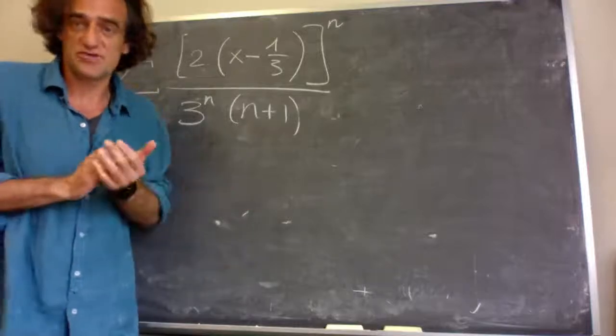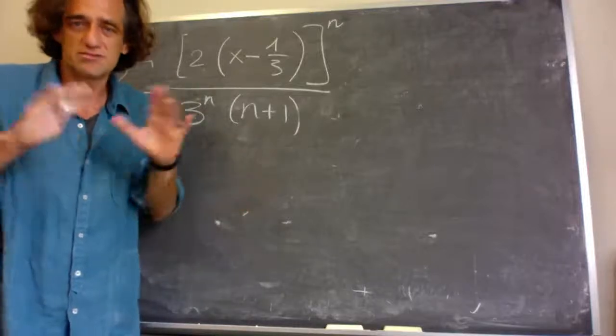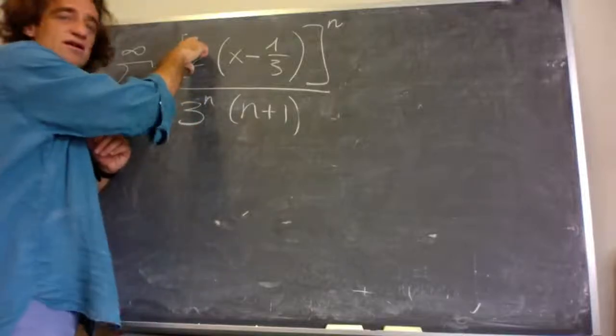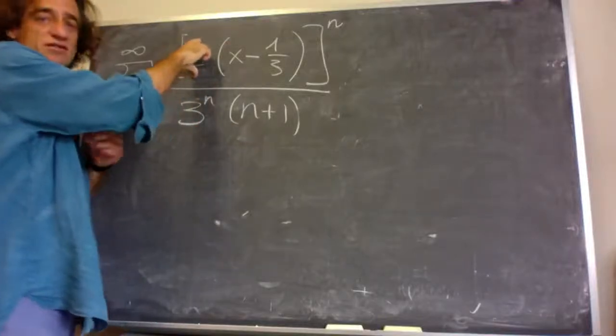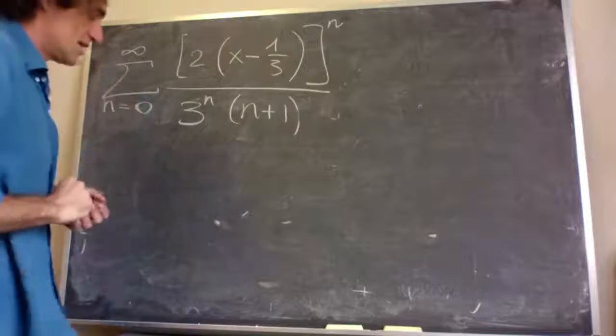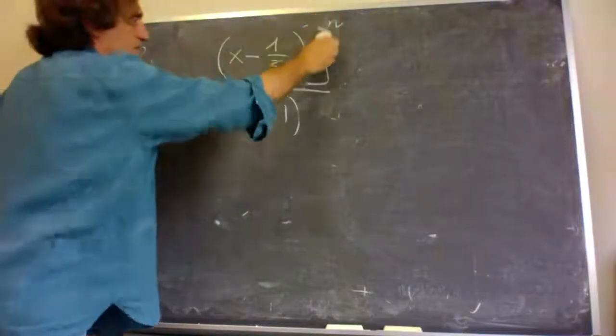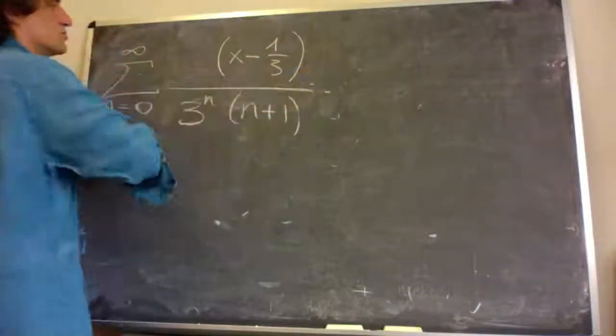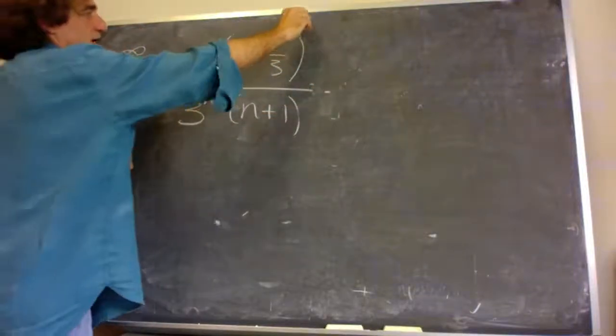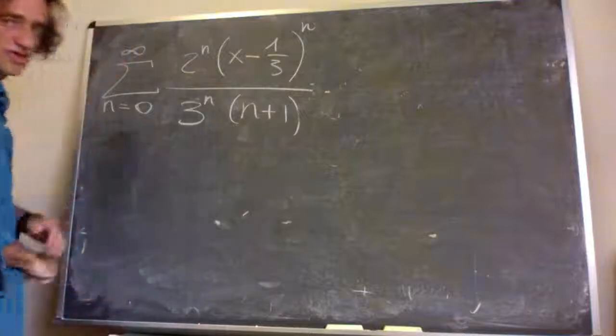It is a Taylor series. It's a genuine Taylor series, but nothing dramatic. This 2, which is inside the parentheses, can be taken outside. So let me write it again in this way. This is 2 to the n times (x minus 1/3) to the n.